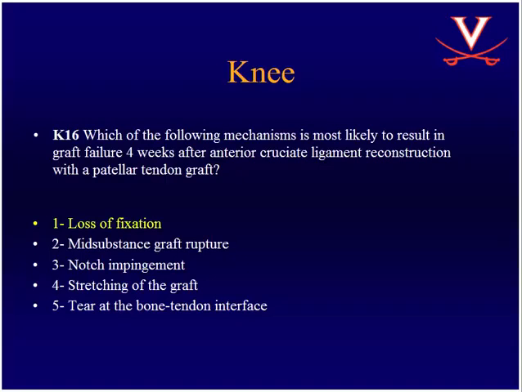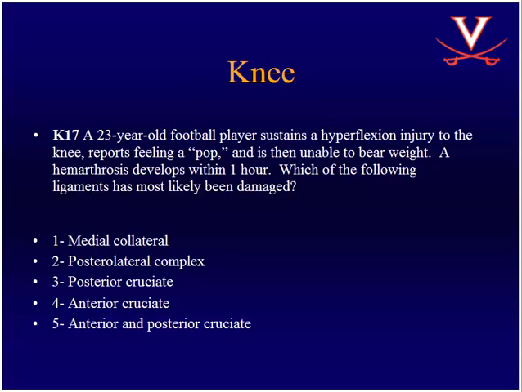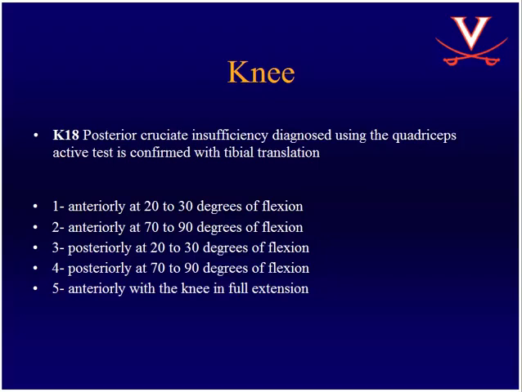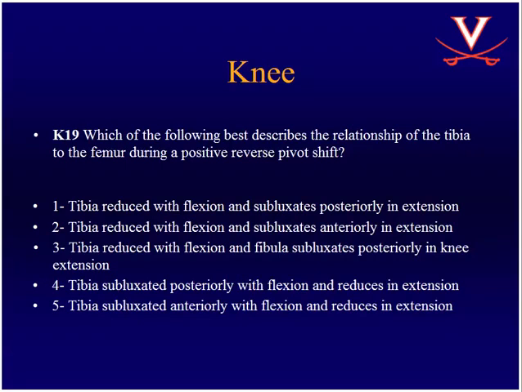17, 23-year-old football player, hyperflexion injury. Hyperflexion injury. That's the key to this whole question. Hyperflexion injury is a PCL until proven otherwise. 19, describe the relationship of the tibia and the femur with a positive reverse pivot shift.